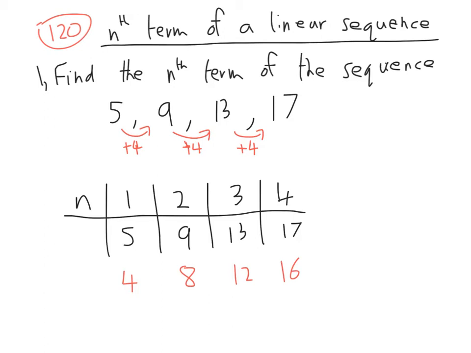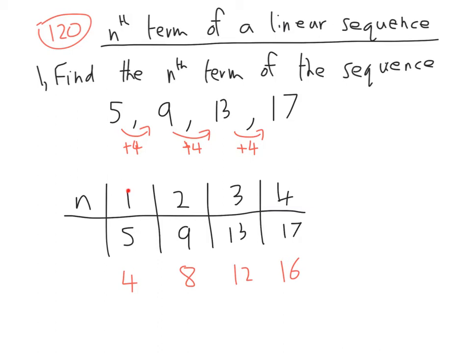Now, we need to describe this in algebra. So what's the connection between the 4 times tables and n? N goes 1, 2, 3, 4. And the 4 times table is 4, 8, 12, 16. The connection between n and the 4 times tables is it's 4 times n.